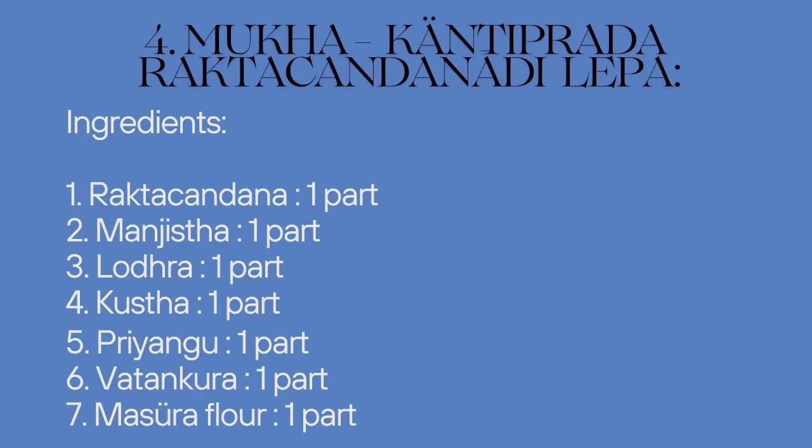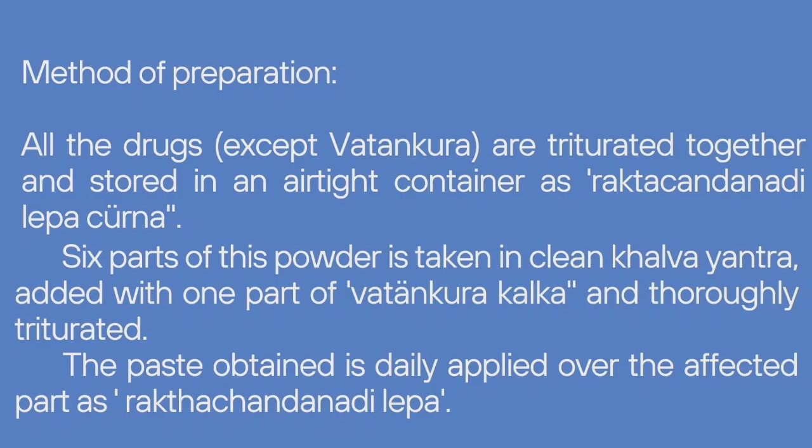Mukha Kanti Prada Rakta Chandanadi Lepa ingredients: Rakta Chandana 1 part, Manjista 1 part, Lodra 1 part, Kushta 1 part, Priyangu 1 part, Vatankura 1 part, Masura flour 1 part. Method of preparation: all the drugs are triturated together and stored in an airtight container as Rakta Chandanadi Lepa Churna. 6 parts of this powder is taken in a clean kalva yantra, added with 1 part of Vatankura kalka and thoroughly triturated.